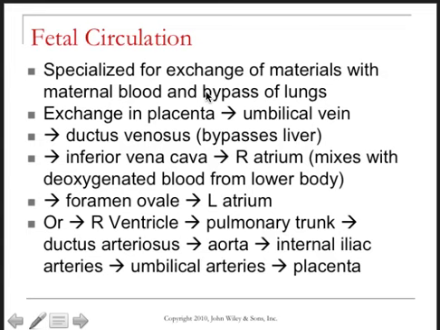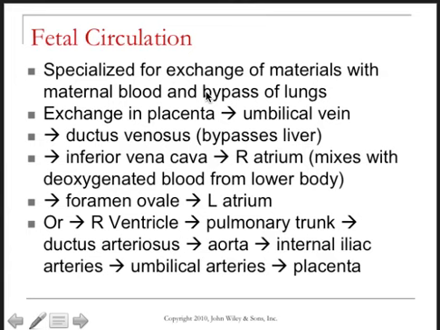and gases. So what happens there is that deoxygenated blood essentially leaves the fetus, enters the umbilical cord through the umbilical artery, which carries blood away from the fetal heart, and then that deoxygenated blood in the placenta exchanges carbon dioxide and oxygen.